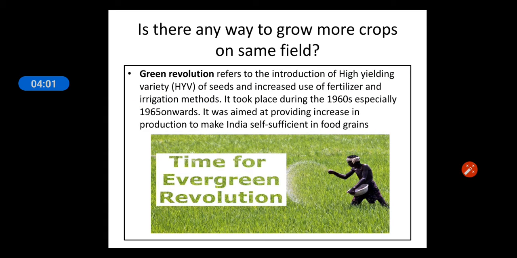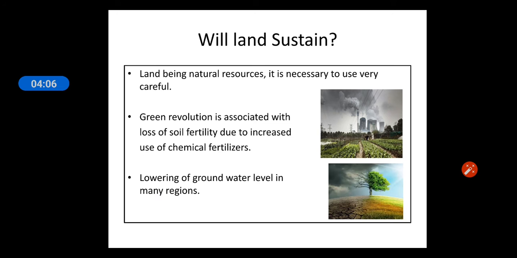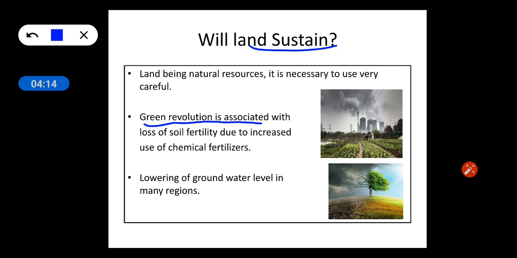Now, the key aspect that we need to understand is that we need to sustain the land. How can we sustain the land? The green revolution is associated with loss of soil fertility due to increased use of chemical fertilizer and lowering of groundwater level in many regions.